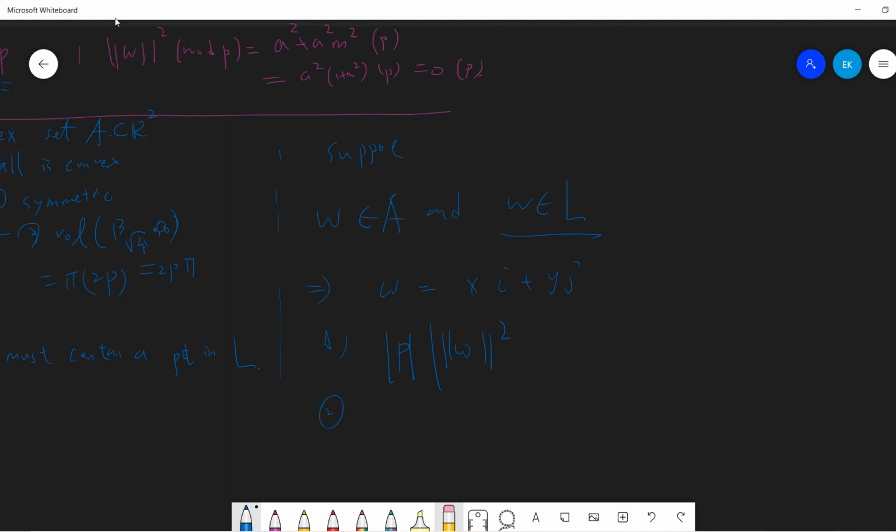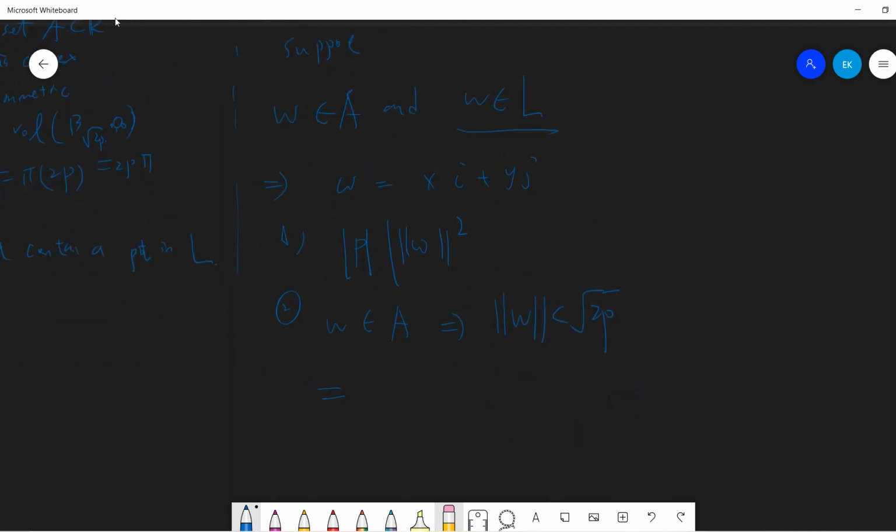And the second is that since omega belongs to A, the norm of omega cannot be larger than square root of 2p, which tells you that the norm squared of omega is less than 2p. So here comes the fact that the norm squared is less than 2p and greater than 0, but p divides it.